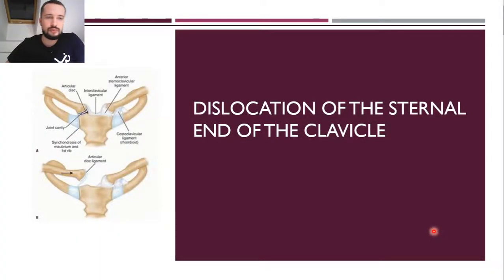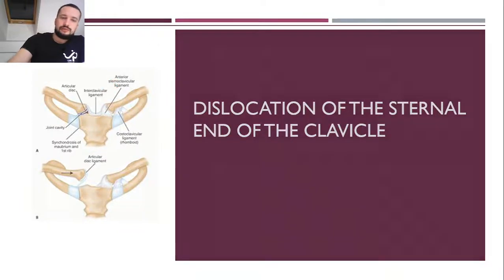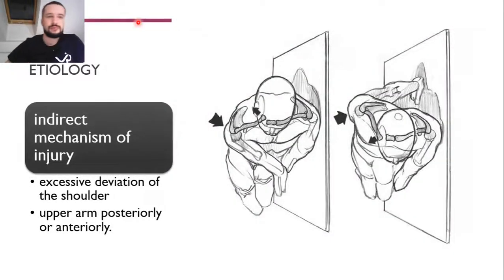And now we will talk about dislocation of the sternal end of the clavicle. Etiology. Dislocation of the sternal end of the clavicle occurs as a result of an indirect mechanism of injury, excessive deviation of the shoulder and upper arm posteriorly or anteriorly.